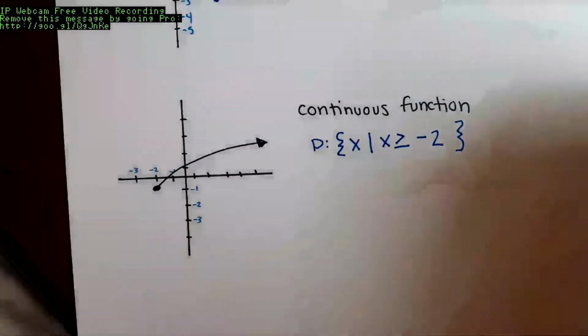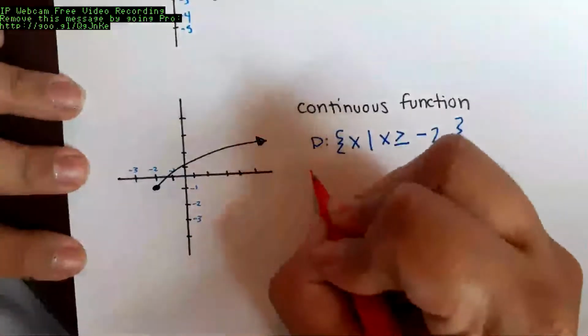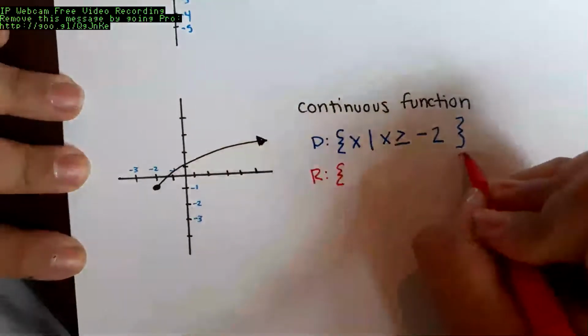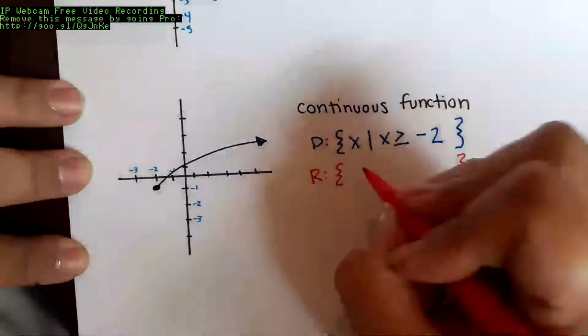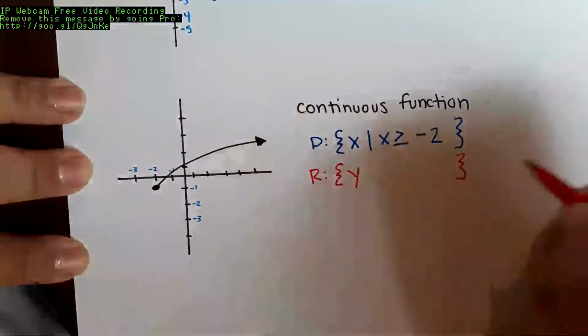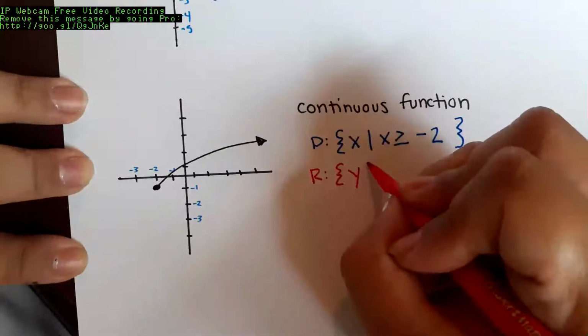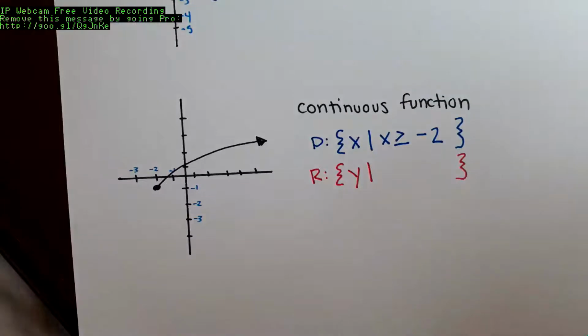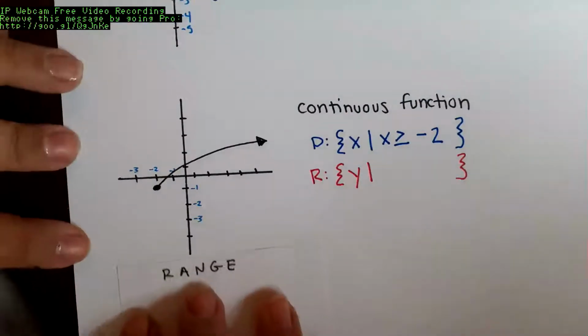Now for my range, I'm going to do the same thing. I'm going to start out with a curly brace. And since it's continuous, I'm going to put a y. So for all y, such that, and I'm going to scan for my range.